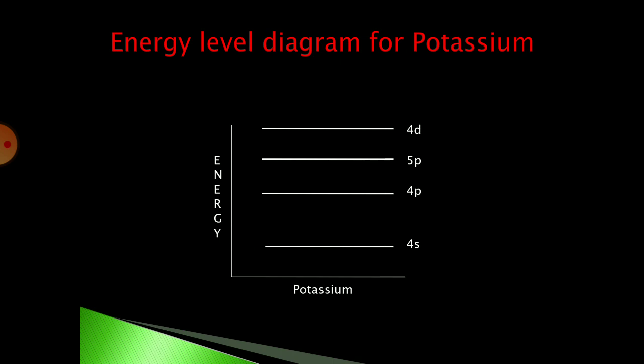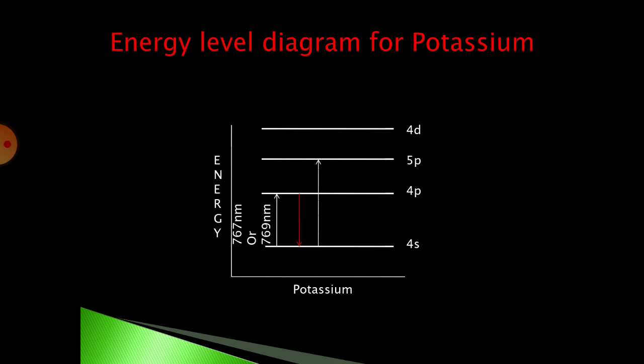In this diagram we can see that the 5p energy level comes before 4d because it has lower energy than the 4d energy level. The possible transitions are 4s to 4p, with re-emission from 4p to 4s, which takes place at 767 nanometer or 769 nanometer.